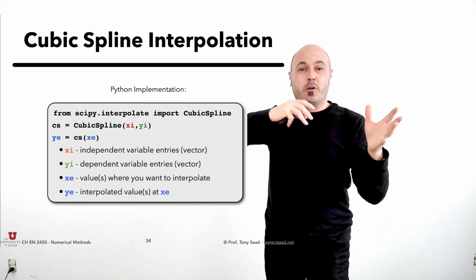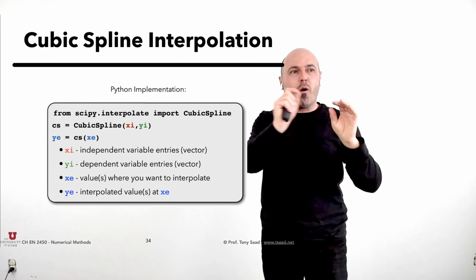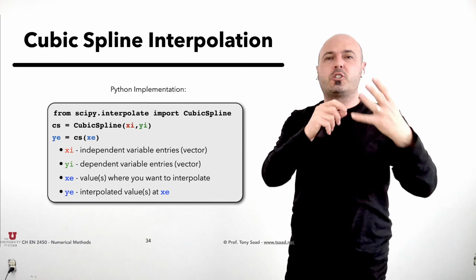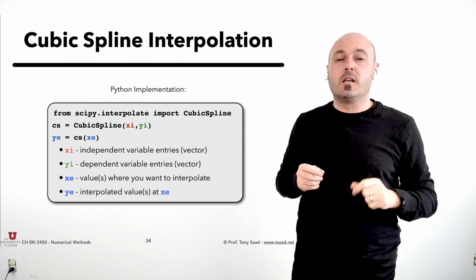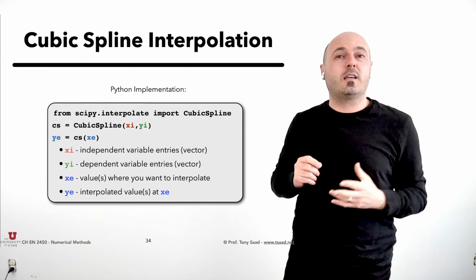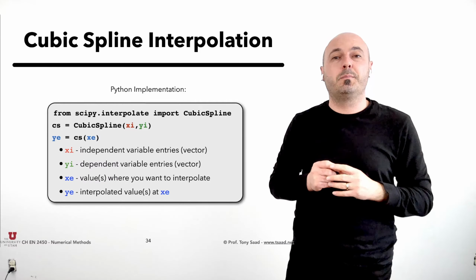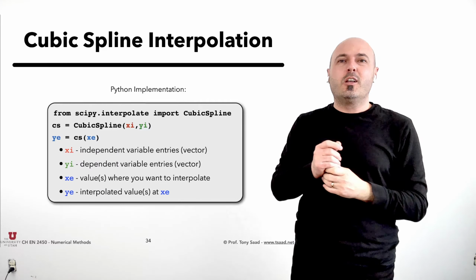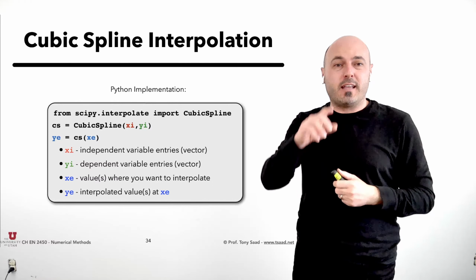Now remember, with a spline you have to find out where you are between the data points and apply the correct spline. So it's a little more complicated than just the coefficients of the spline, this CS. But the great thing is that to interpolate using the cubic spline you just built, you just call this CS, which is like a functor, on the value that you want to interpolate, xe.